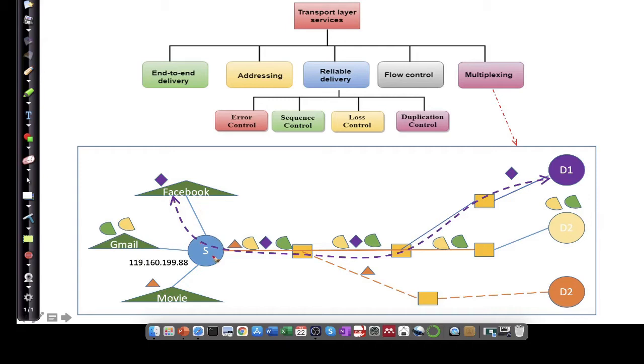The transport layer collects data from all the three applications, adds the respective port number, and sends it to the next level of processing.